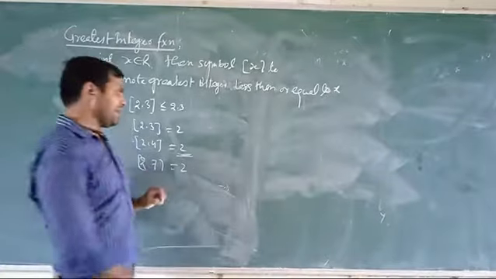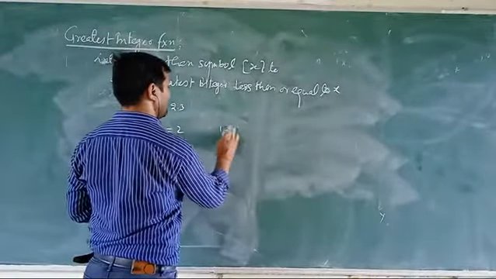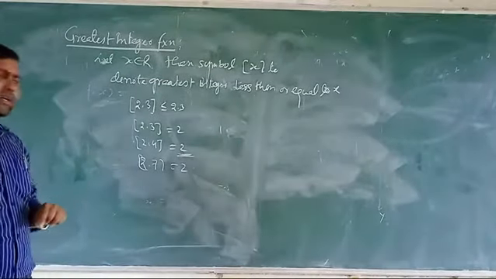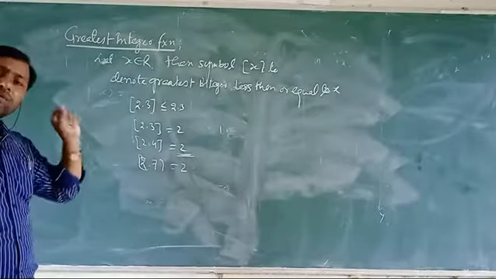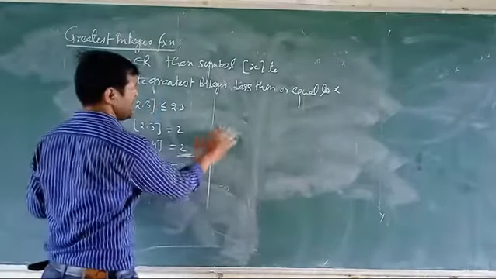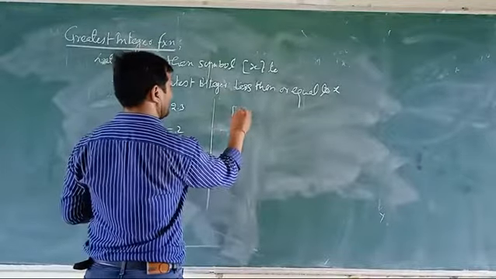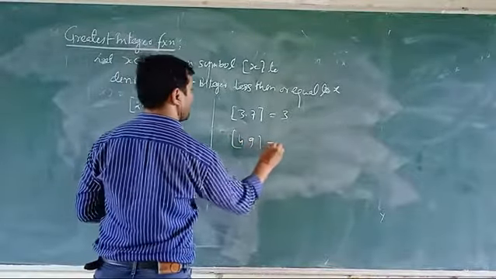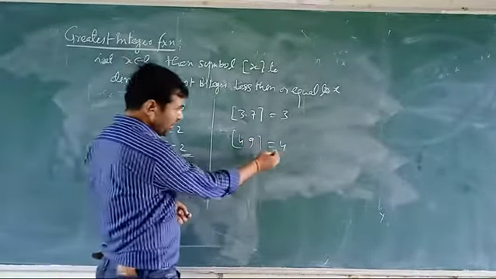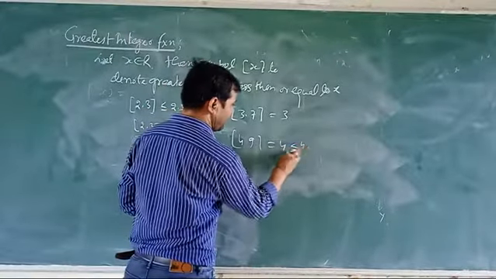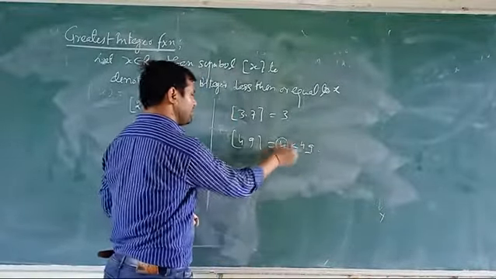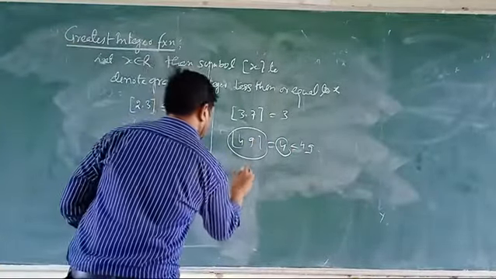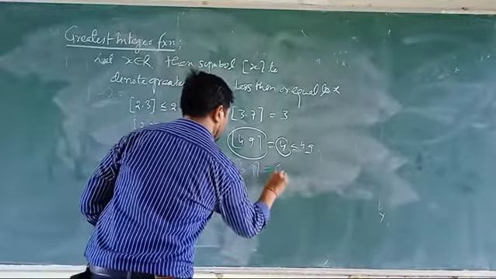This means if you take a value between 1 and 2, then the value of the greatest integer function will be 1. Like this, 3.7 becomes 3, 4.9 becomes 4. Okay, 4 is less than or equal to 4.9. This is the value of this function. After that, I am taking 6.9 here, then the value becomes 6.